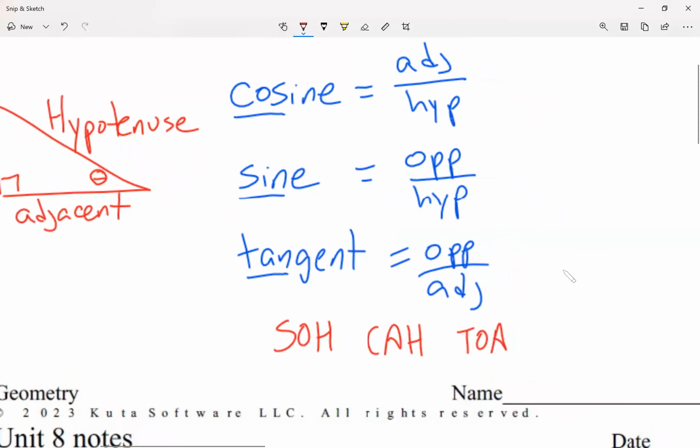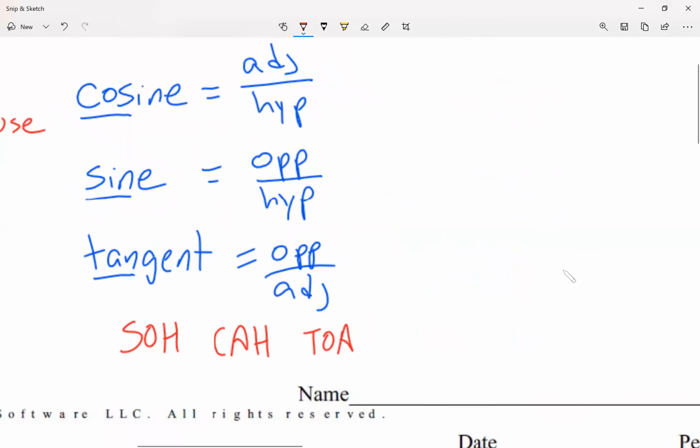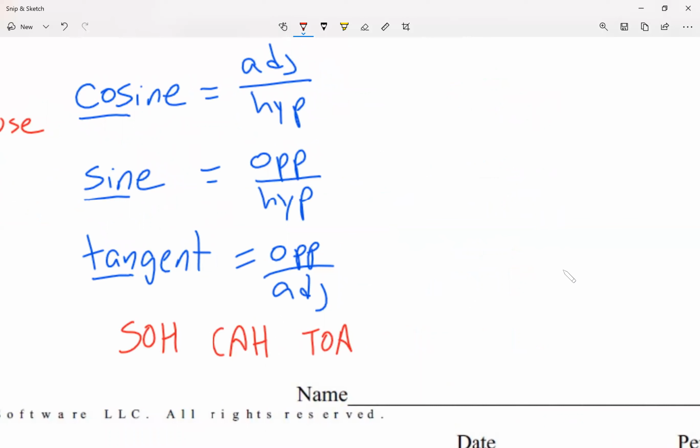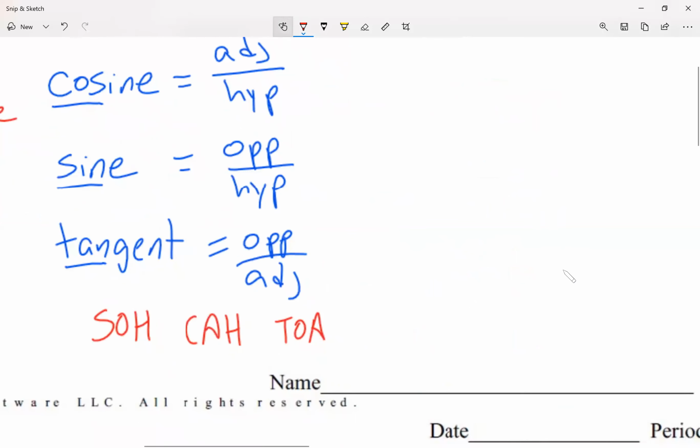Now, the other 3, because I said we're going to be looking at 6 names. One of them is called cosecant. I'm going to write it here at the bottom on the right. We're also going to use secant and cotangent.